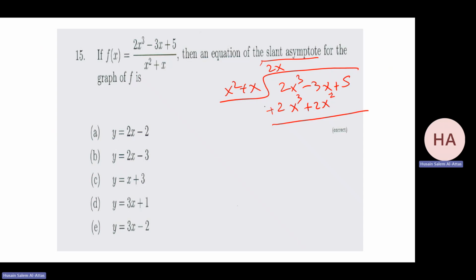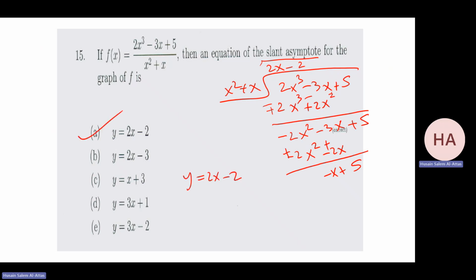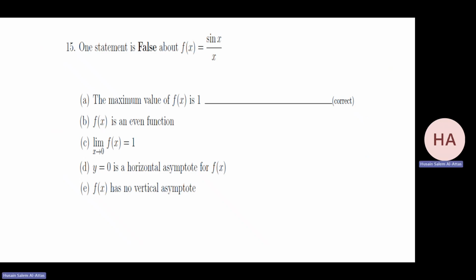So this is plus, minus, minus. I have minus 2x squared minus 3x plus 5. Divide, I'm getting minus 2. Multiply, that would be plus, plus. That would be minus 6 plus 5. So for sure, my slant asymptote is 2x minus 2, which is this one.